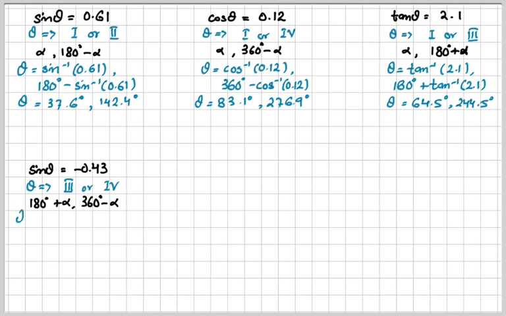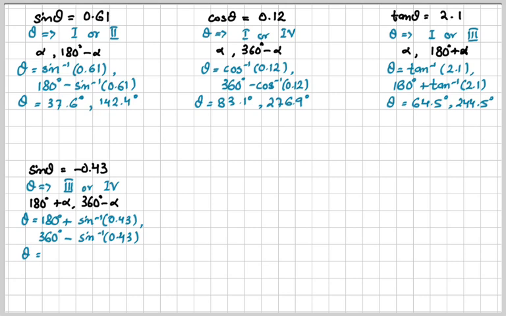So we should be using theta equals 180 plus sine inverse 0.43, and the second answer should be 360 minus sine inverse of 0.43.